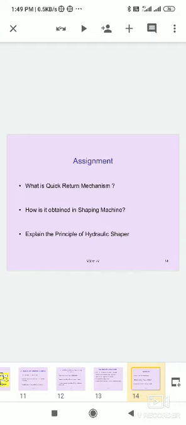And this figure is 50% of the essay question. The theory is also sometimes asked, and sometimes they ask for the advantages and disadvantages of the hydraulic shaper, and sometimes to write any two advantages and any three disadvantages.